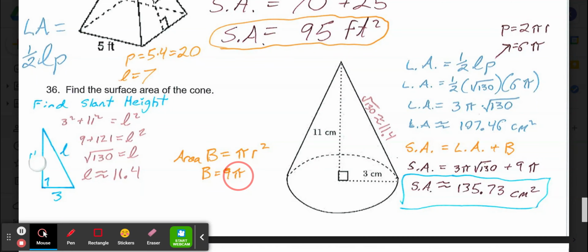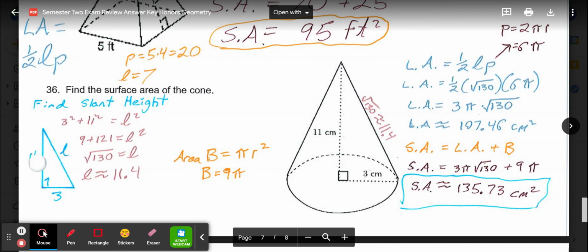So then, to find the surface area of the cone, we would take our lateral area plus the base. So we need to find our lateral area. We knew our slant height of 11.4, or square root of 130. Perimeter of the base would be 2 times pi times the radius, so 6 pi.